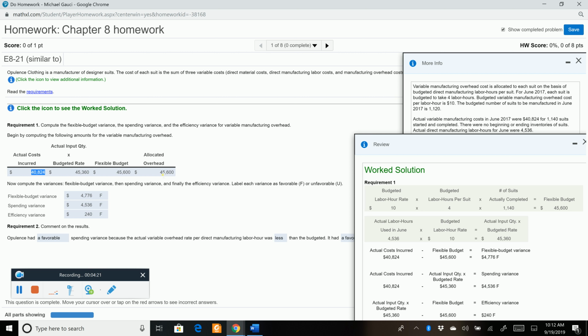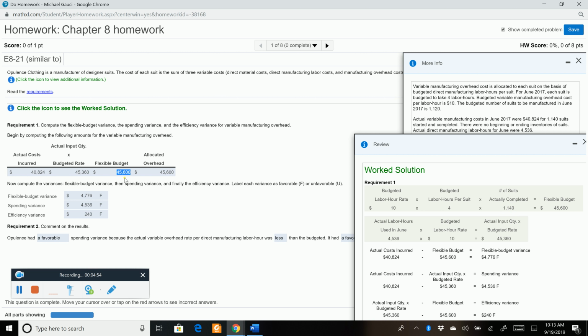So in order to come up with the flex budget amount, which is the amount that we are going to allocate to the WIP process, how do we get this number, 45,600? Well, we take our standard rate, which is $10 of overhead for every hour of labor, so 10 times 4, times flexed to the actual level of activity, which is 1,140 suits.